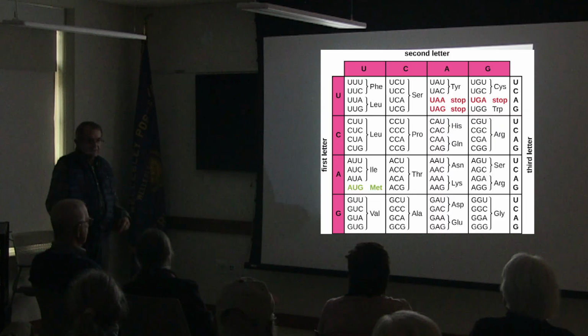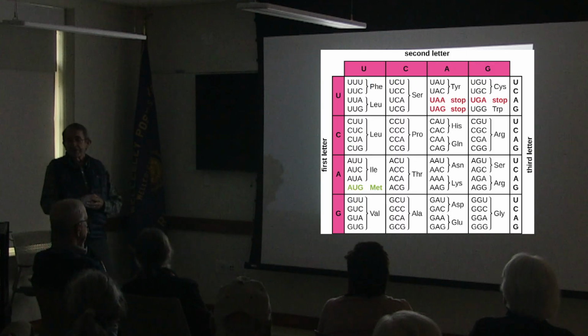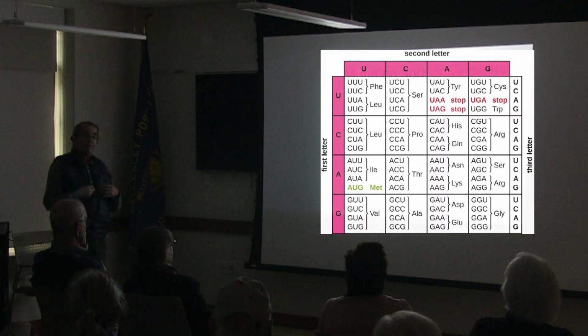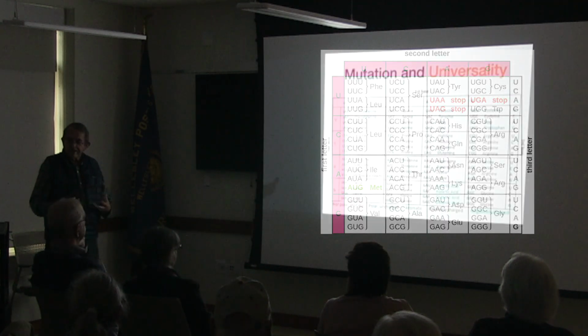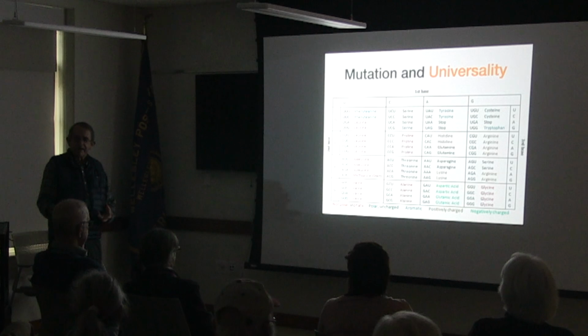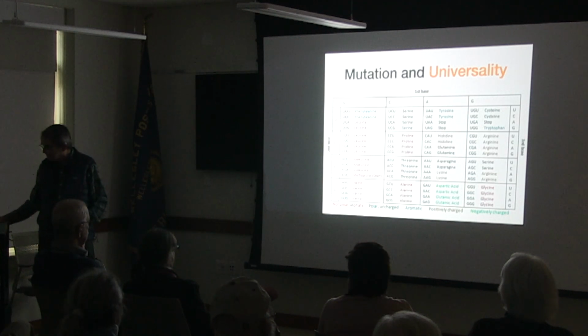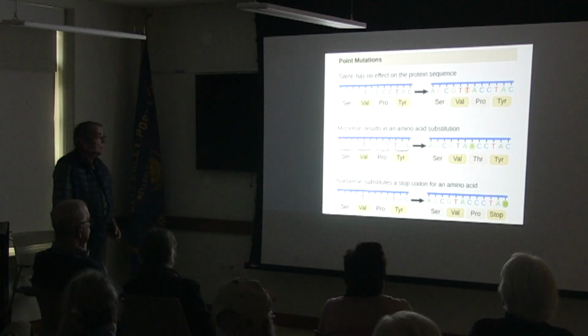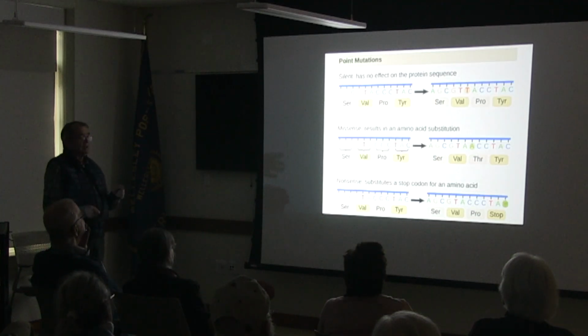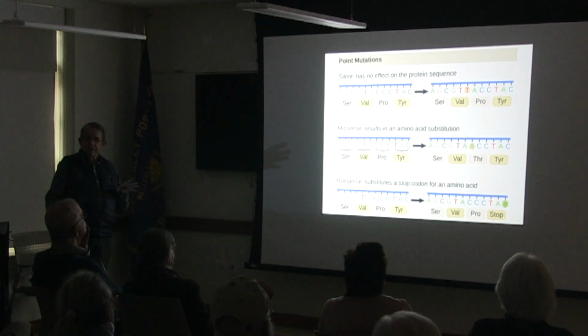But that's been the subject of a lot of research in the last 50 years. And we've actually got some pretty good ideas of how that first thing came about. But that's a whole different story. So here are some of the kinds of mutation that can occur.